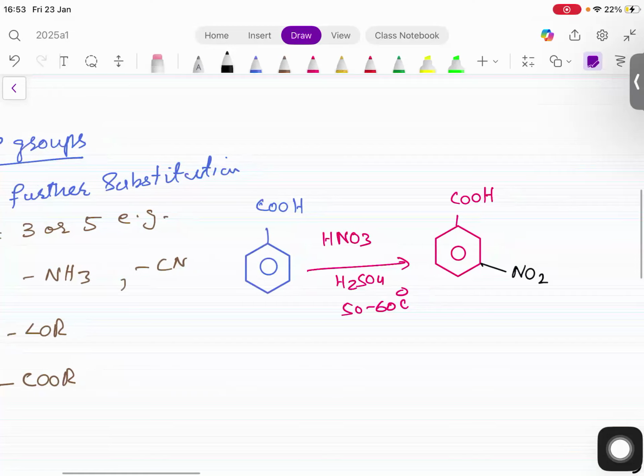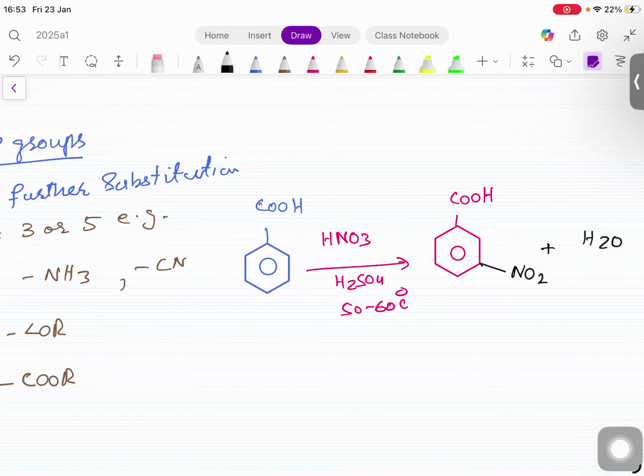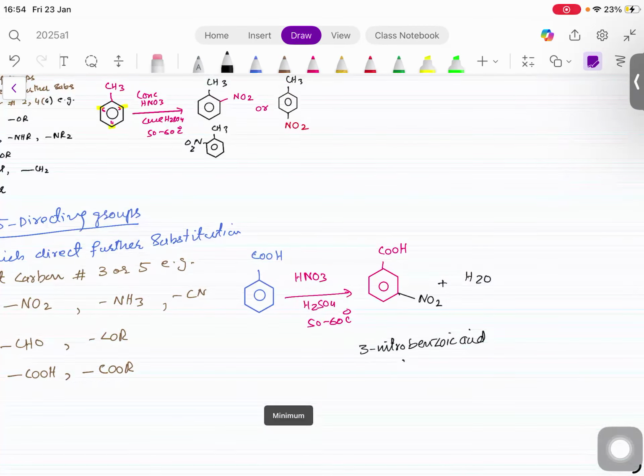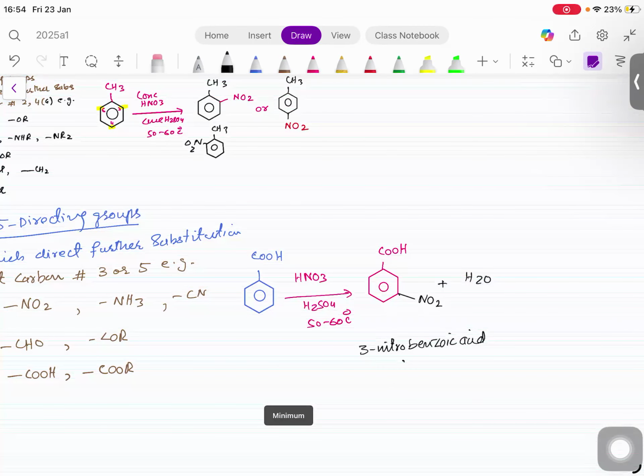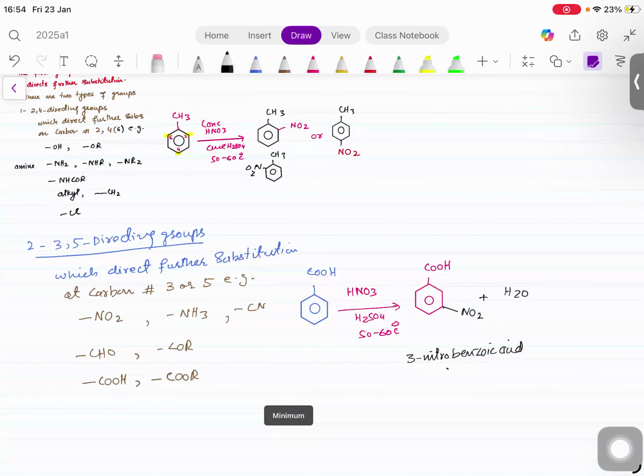NO2, plus H2O. Now this is 3 nitro benzoic acid. So this is the difference between 3,5 and 2,4 directing.